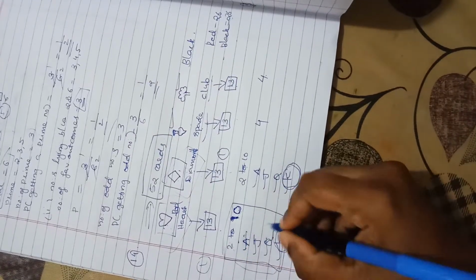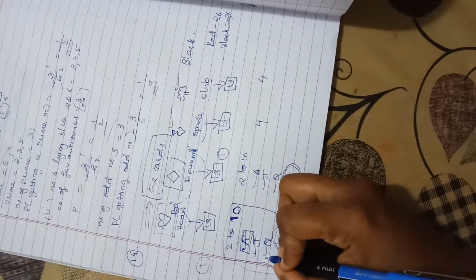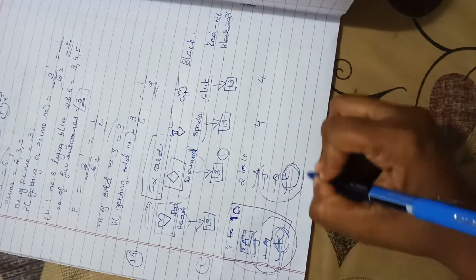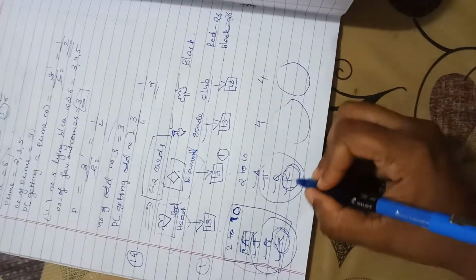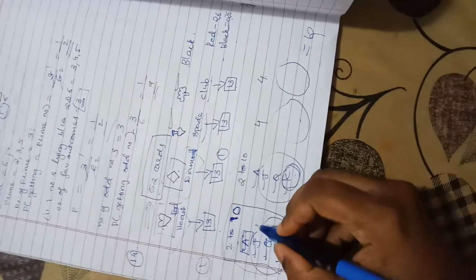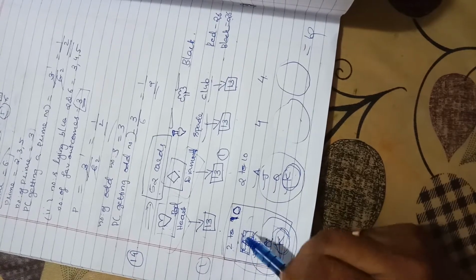So out of these 4, this A is not a face card. Jack, queen and king are face cards. 3, 3, 3, 3. 3 plus 3 plus 3 plus 3. Total 12 face cards are there. Out of these 4, A, J, Q, K, A is not face. A is simple only.